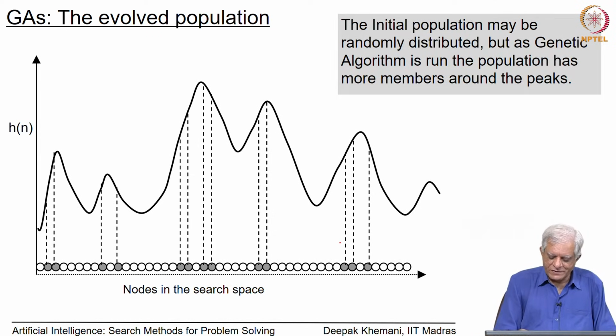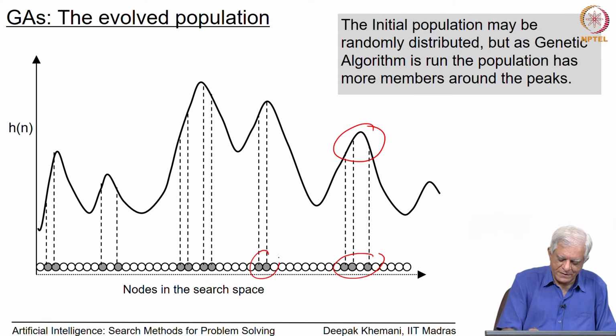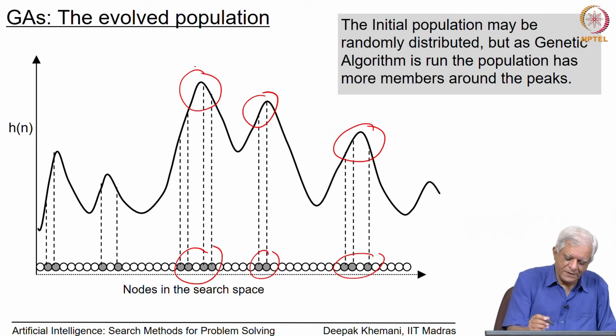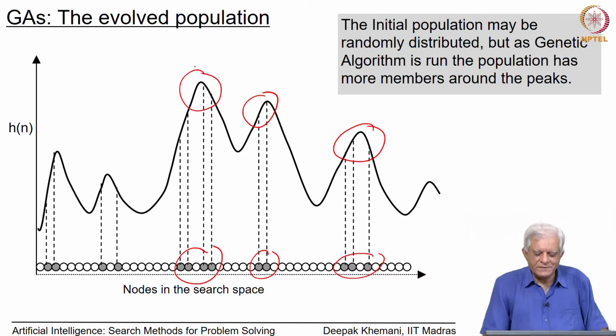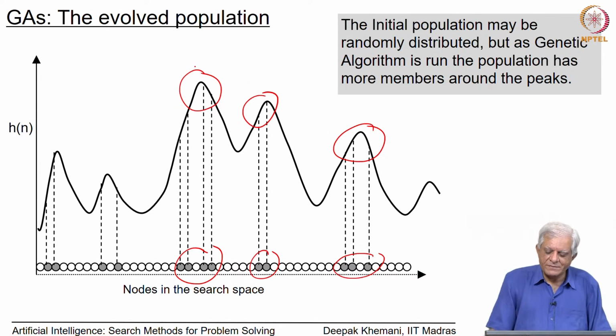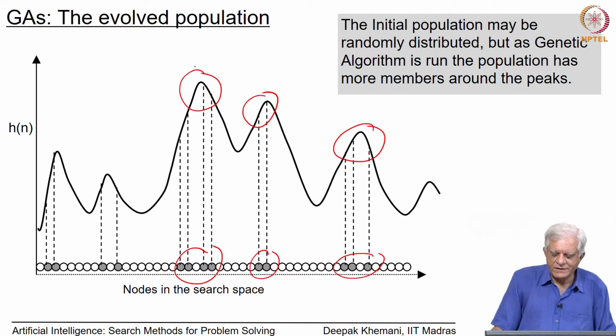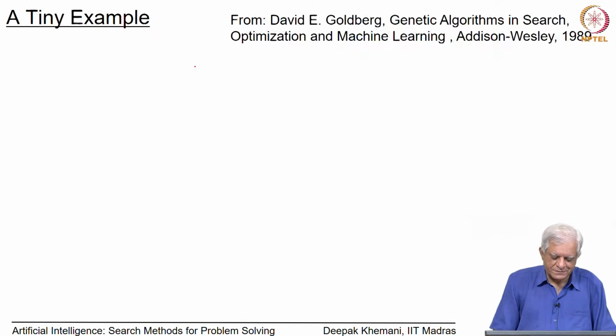Some of them would be clustered around this peak, some around this peak, some around the global peak, and so on. In general, we find that populations become, as we call it, fitter and fitter as the algorithm proceeds. This is in some sense mimicking the process of evolution, where different populations become fitter as they compete and get selected for the next cycle.